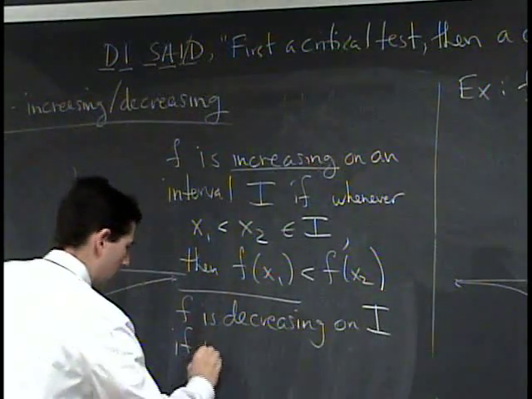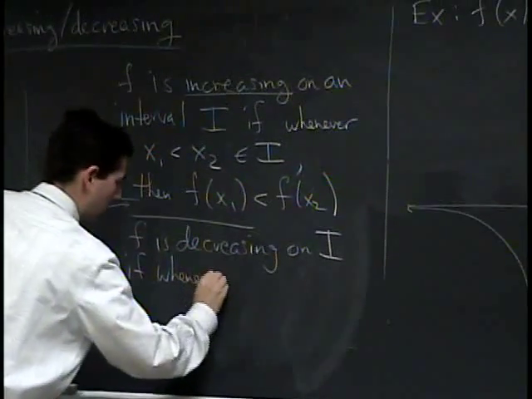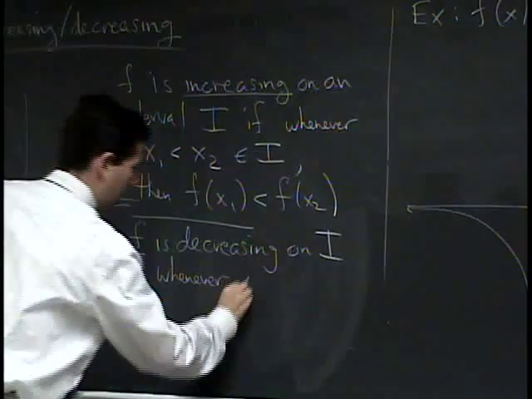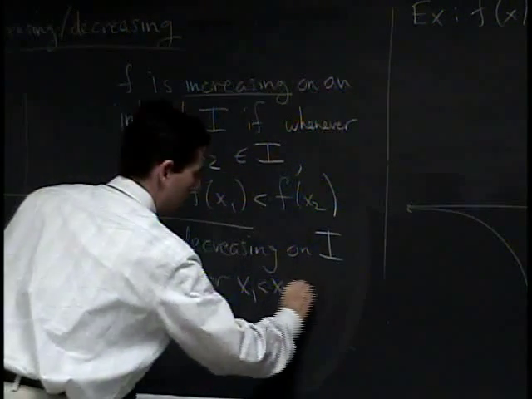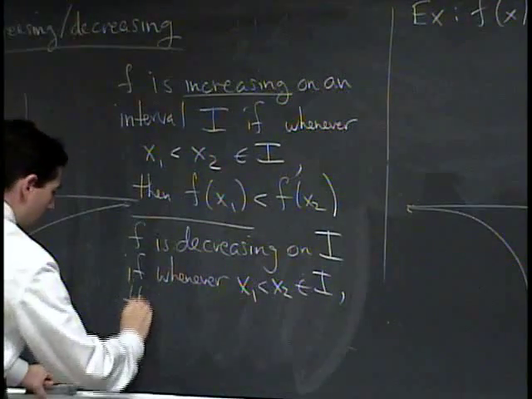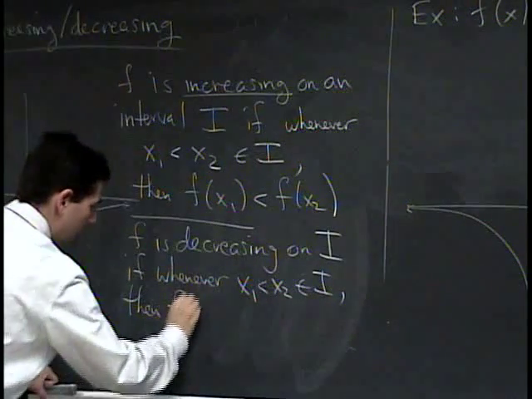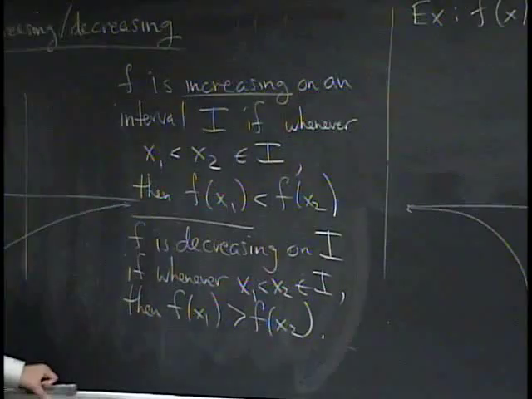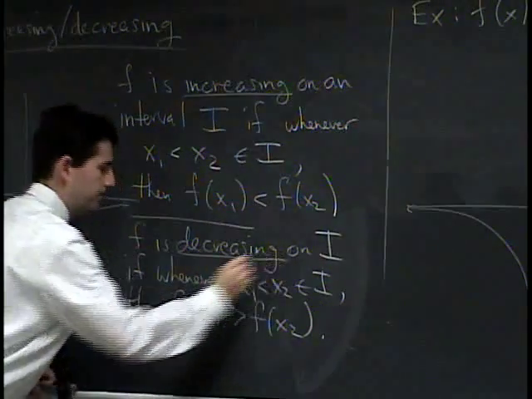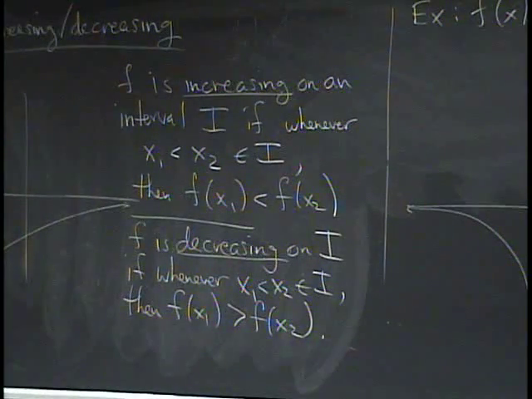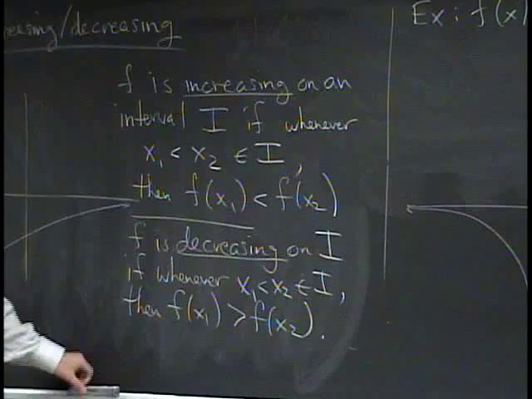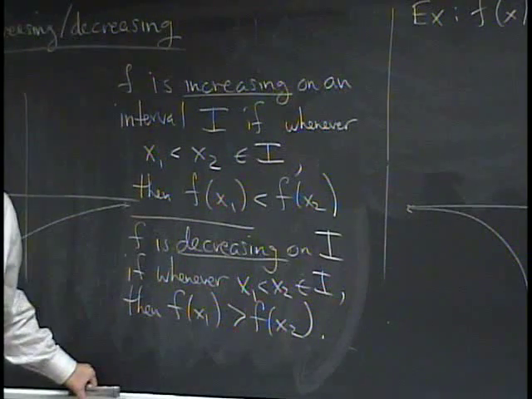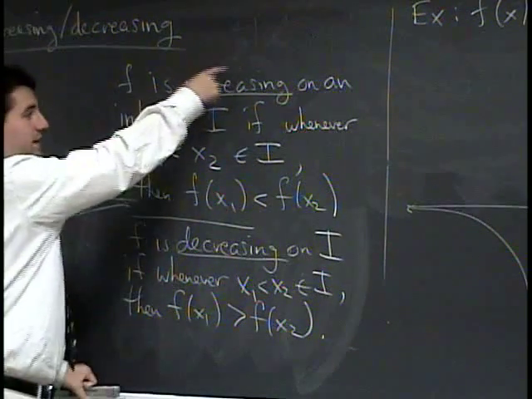So whenever x1 is less than x2 in I, then f of x1 should be greater than f of x2. That's decreasing. Now we know what it means for functions to go up or down. Incidentally, if you wanted to add a little more subtlety to the definition, you might call this strictly increasing.